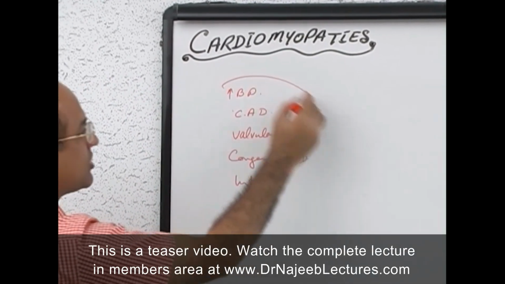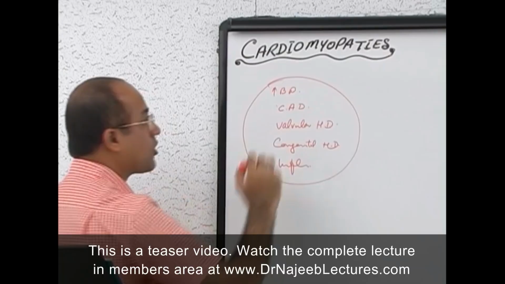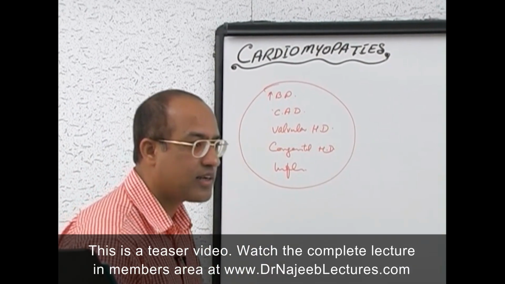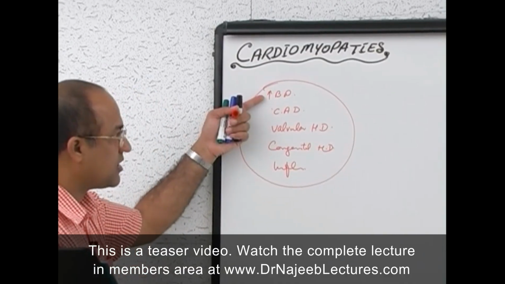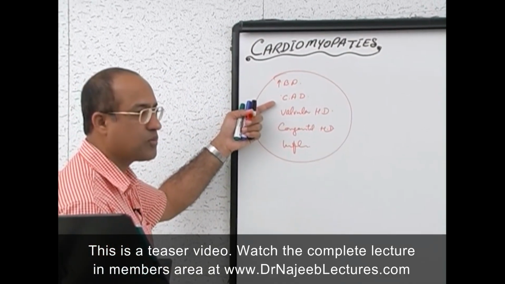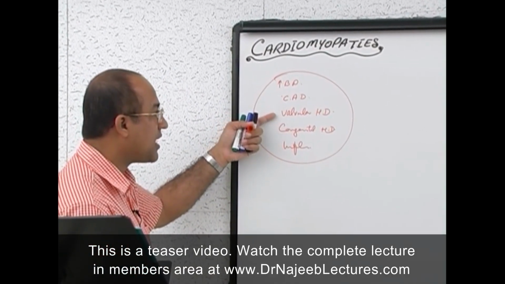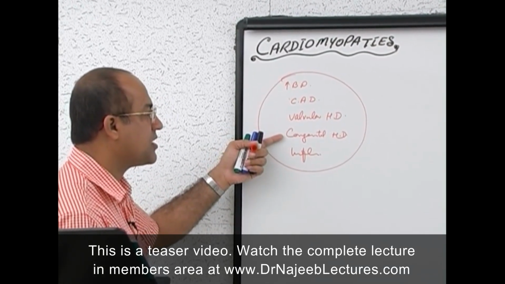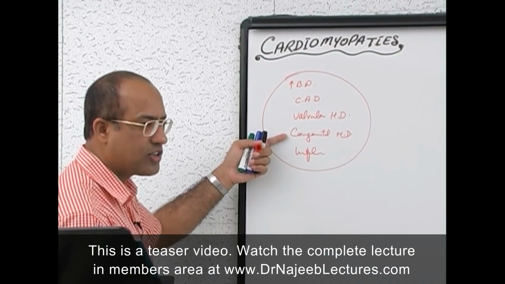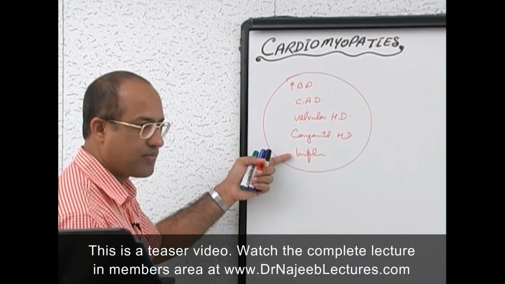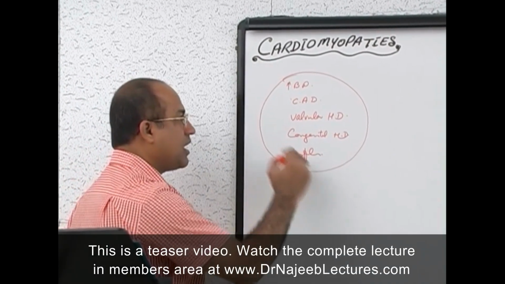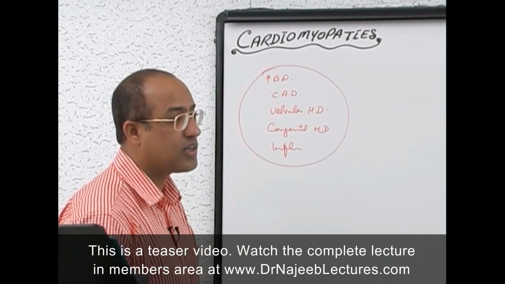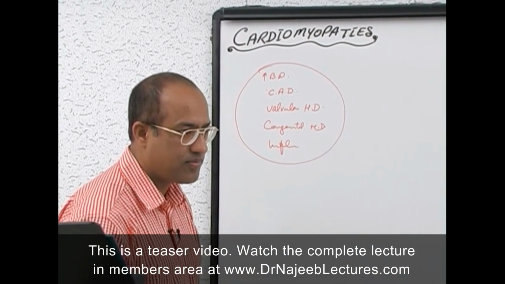These 5 conditions are not included in cardiomyopathies. When there is myocardial damage related to hypertension, coronary artery disease, valvular heart disease, or congenital conditions, or when the myocardium is actively inflamed, all these conditions are not included in cardiomyopathies, right?